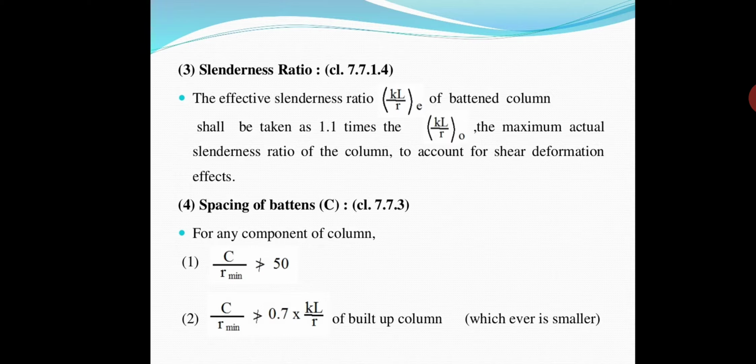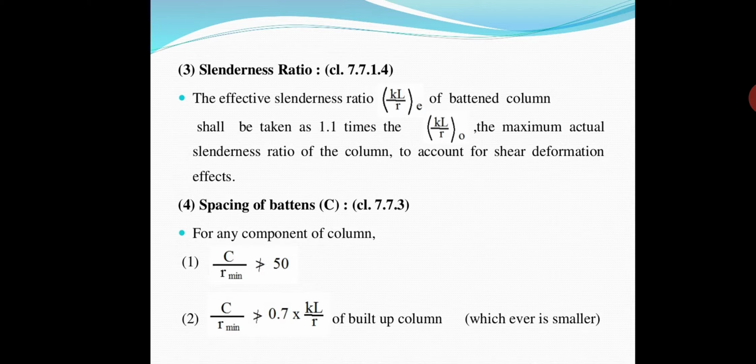The effective slenderness ratio KL/r E of a battened column shall be taken as 1.1 times KL/r O, where O means original, usually KL/r or lambda. This is the maximum actual slenderness ratio of the column, to account for shear deformation effect. So to account for the shear deformation effect, we take the effective slenderness ratio KL/r E as 1.1 times the original slenderness ratio.